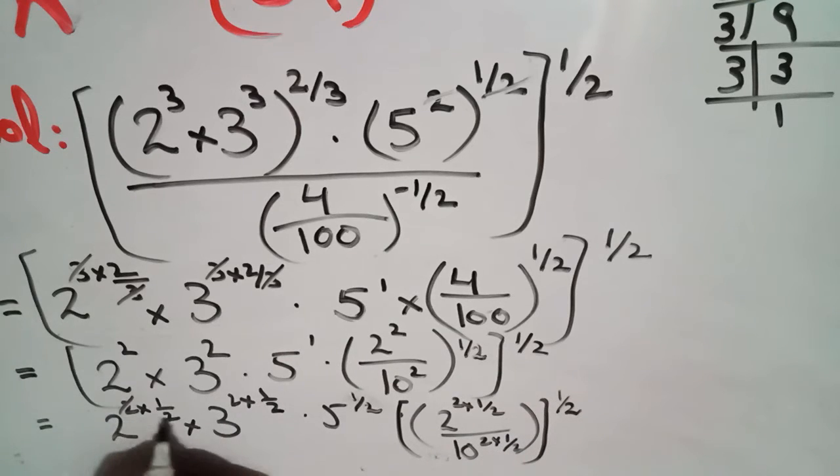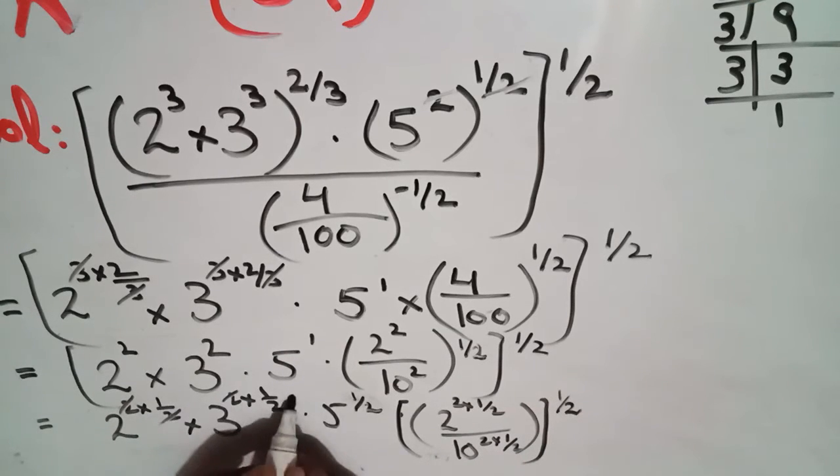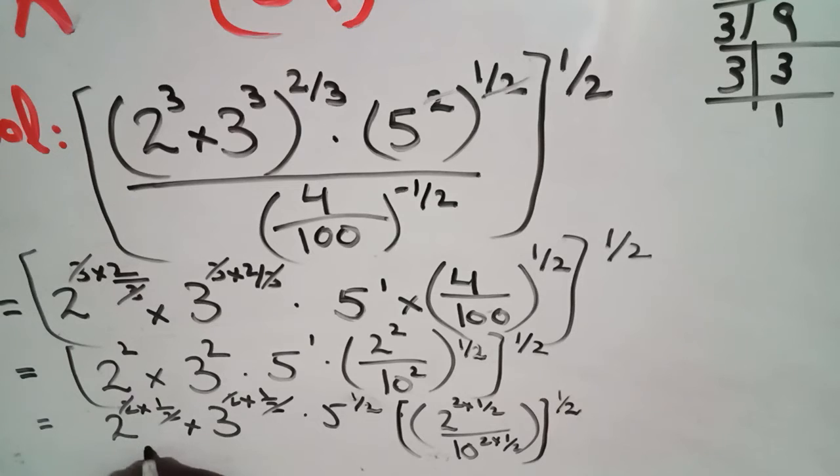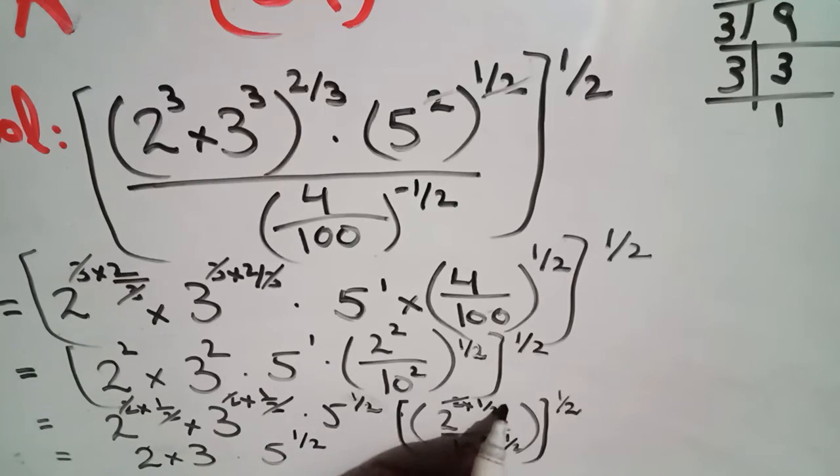So by cutting 2 with 2, 2 with 2, here we will write 2 multiplied by 3, and you can write 5 raised to power 1 by 2 as it is. This will be cut with this one and this will be cut with this one, at the end.